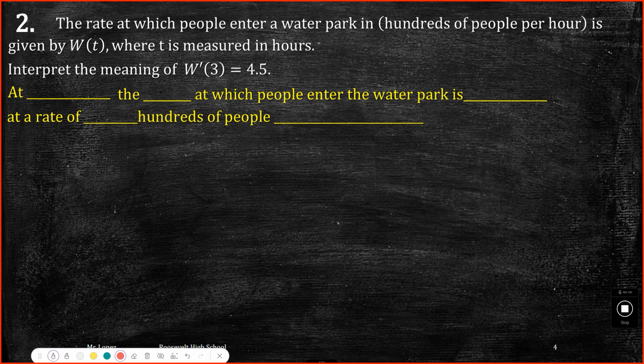So let's see. What do we say? At 3 hours, at time t equals 3.